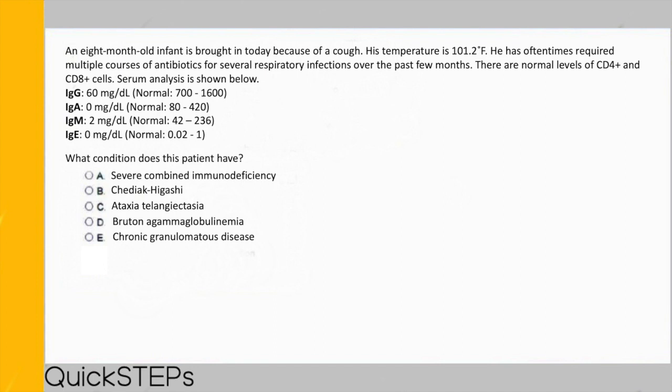Then we have ataxia-telangiectasia. So how does ataxia-telangiectasia present? Well, it's usually somebody who is prone to falling and infections, right? Ataxic means unsteady. One really high-yield fact about ataxia-telangiectasia is that you will have decreased levels of IgA, IgG, and IgE.